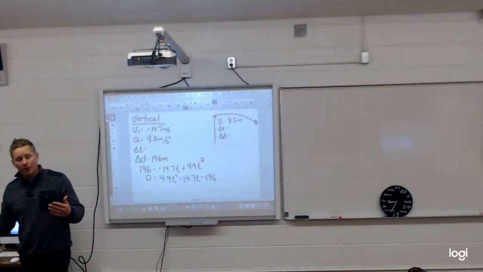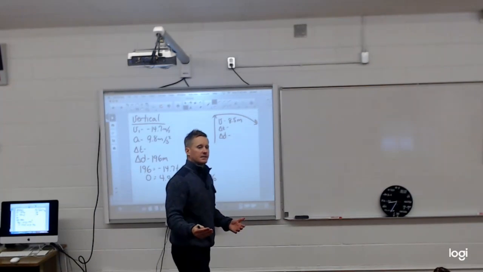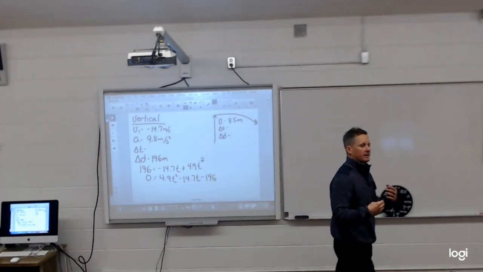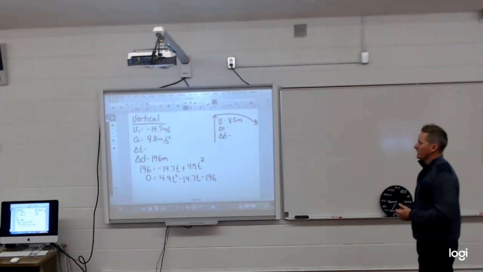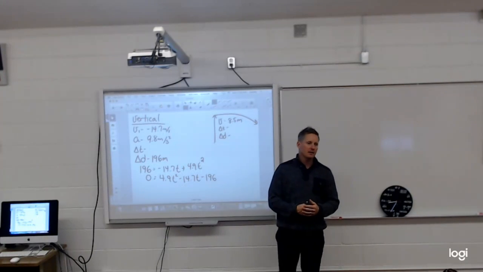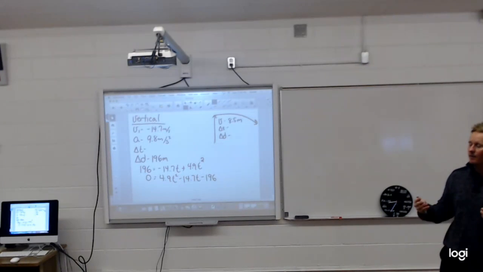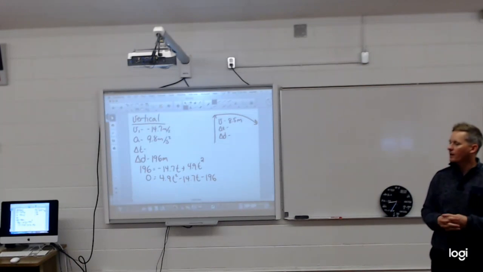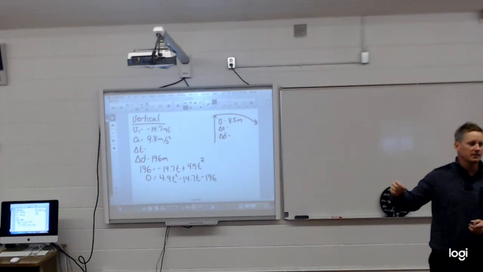Now your numbers are going to work out nicely all the time for this question because you don't quite have the ability to solve these yet. We are getting there in math. We'll get there in applied. We'll get there in pre-calc next semester. So the numbers work out pretty nice. The first thing I want to do is get the coefficient out from in front of the t squared.